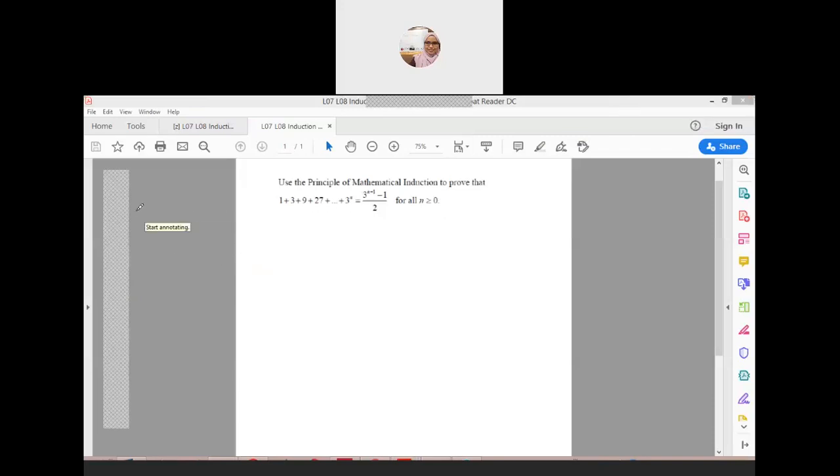Okay, now for the basis step. For the basis step here, we do not begin with 1 anymore because we know that the smallest one will be 0. Okay, now we have to prove 1 is equal to 1 also.